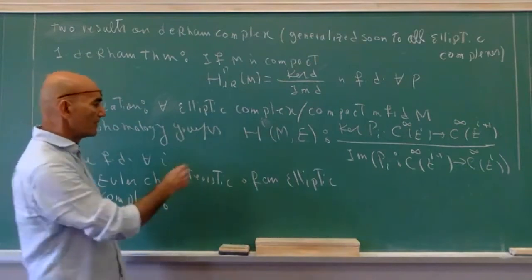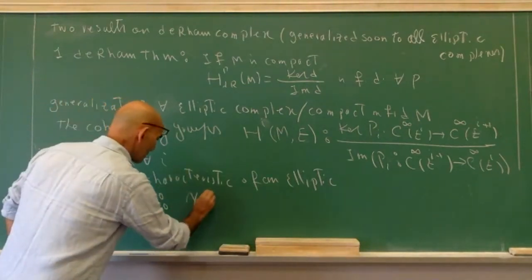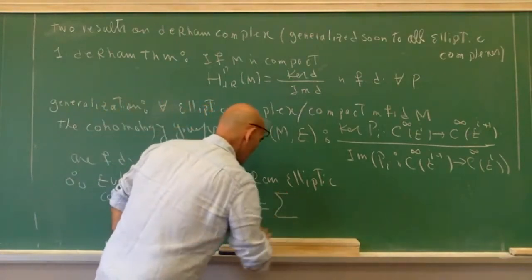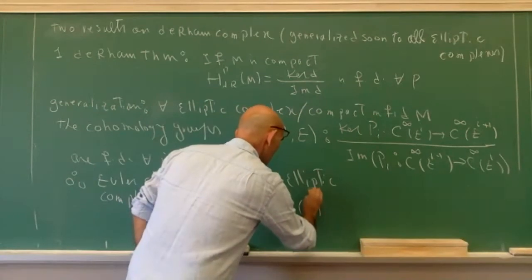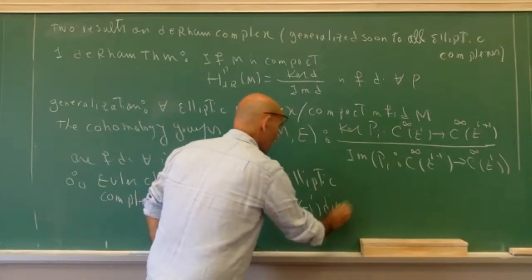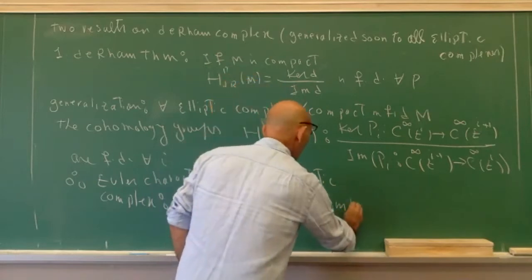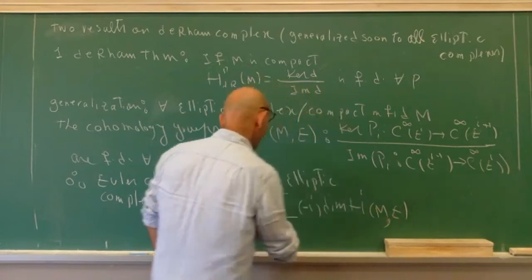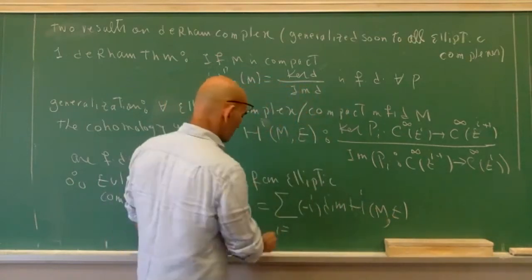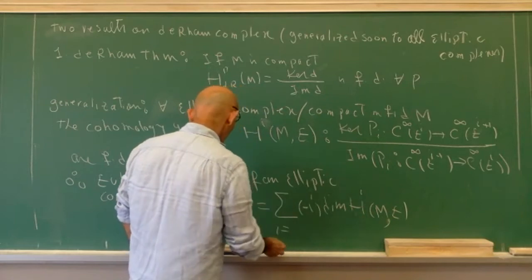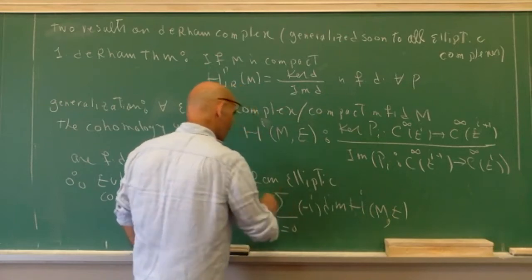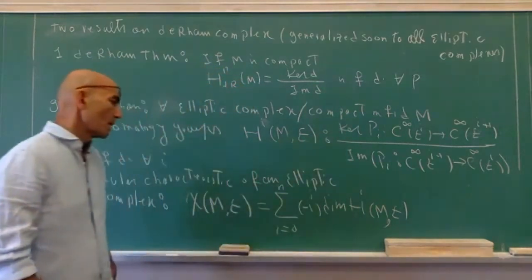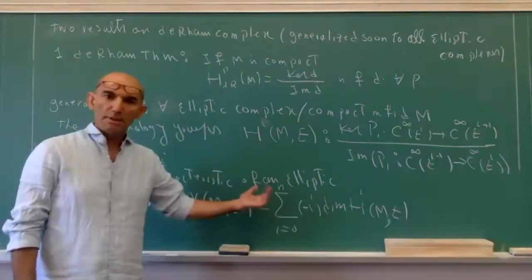You can define it in an obvious manner: the Euler characteristic of M and this elliptic complex E is the sum of (-1)^i times the dimension of H^i(M, E), for i from 0 up to N, which we assume. So this Euler characteristic is well defined.